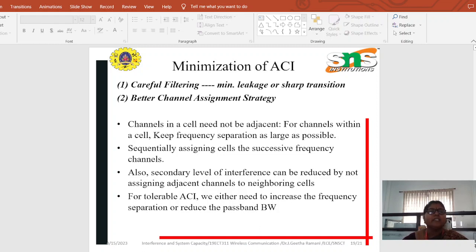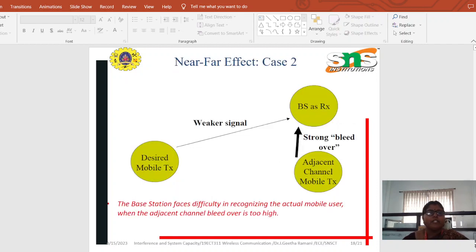For channels within a cell, keep frequency separation as large as possible. Also, a secondary level of interference can be reduced by not assigning adjacent channels to nearby cells. For tolerable adjacent channel interference, we either need to increase the frequency separation or reduce the passband bandwidth.